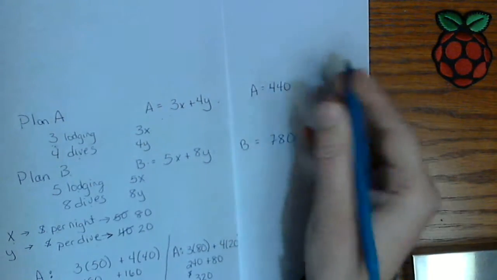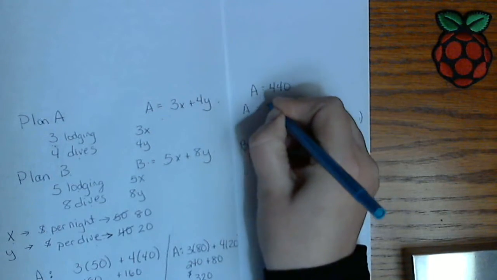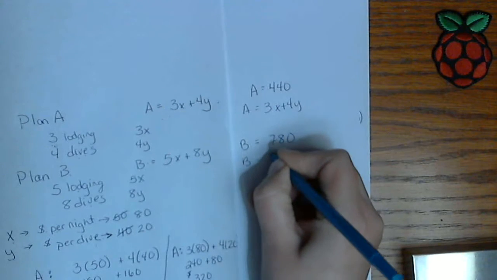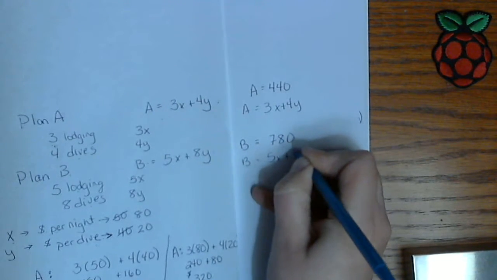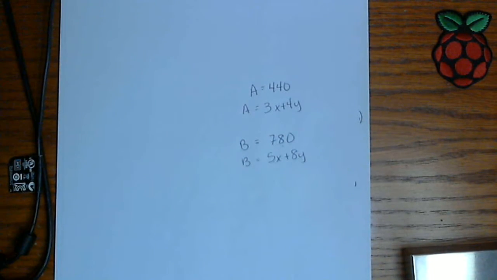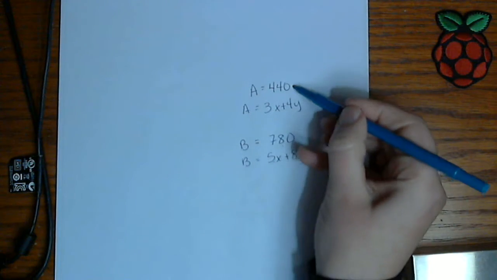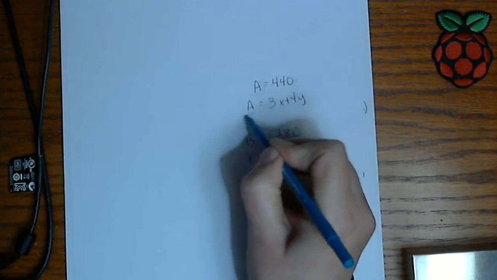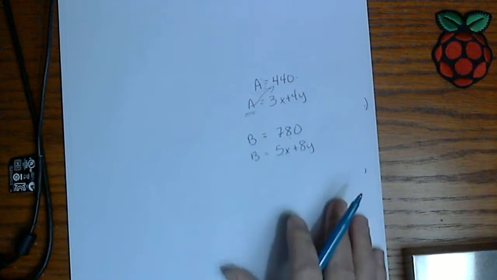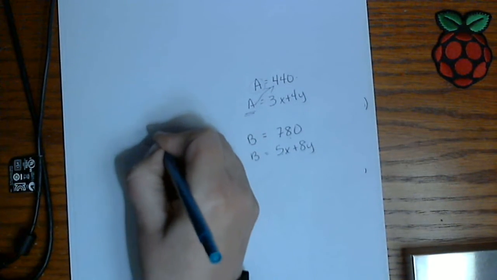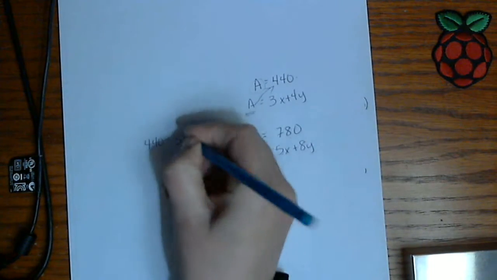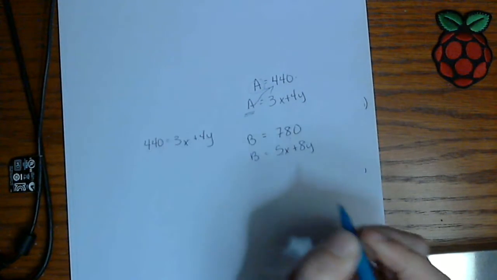So let's remember that A is equal to 3X plus 4Y, and B is equal to 5X plus 8Y. Now, since we know that the total is $440, we can rewrite that. Instead of A down here, we can write $440. We have $440 equals 3X plus 4Y.